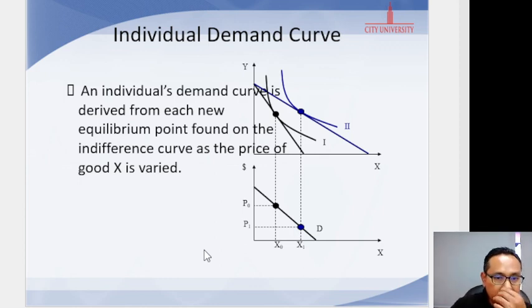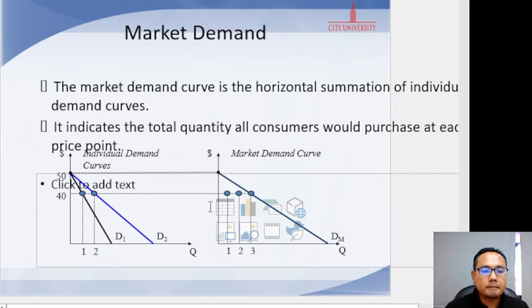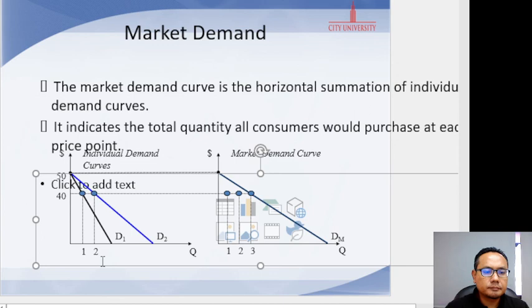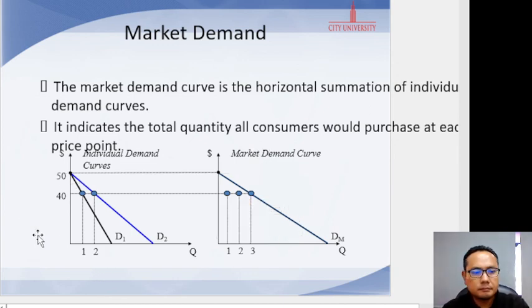An individual demand curve is derived from each equilibrium point found on the indifference curve as the price of good X varies. The market demand curve is the horizontal summation of individual demand curves.